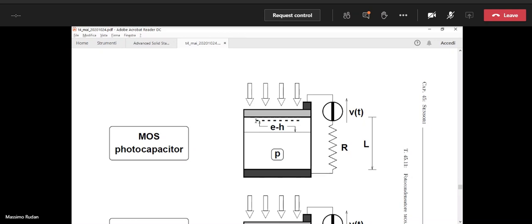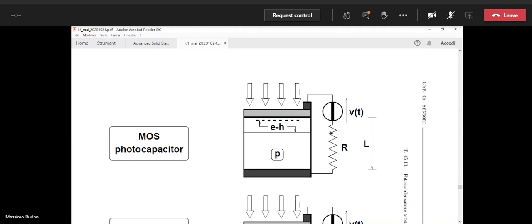And this mechanism of diffusion of the electrons into the bulk produces a current that flows into the load resistor.